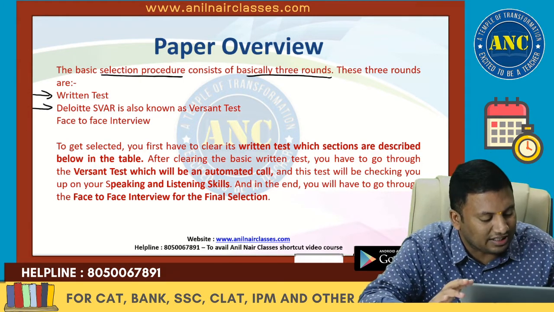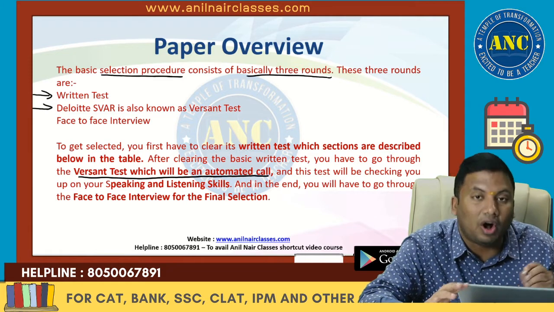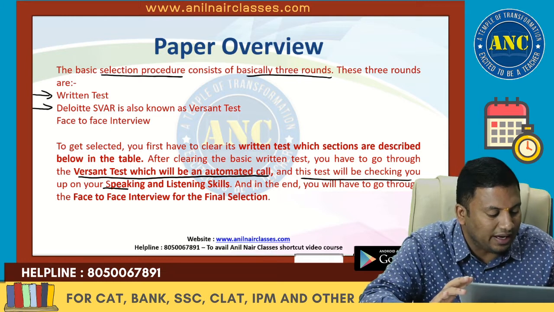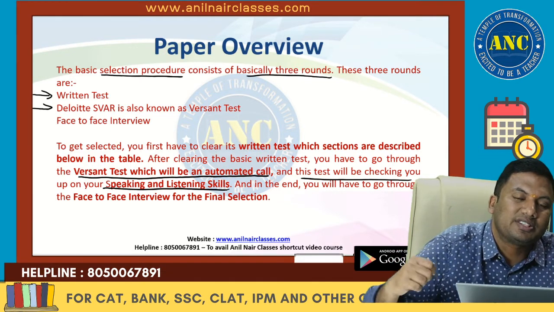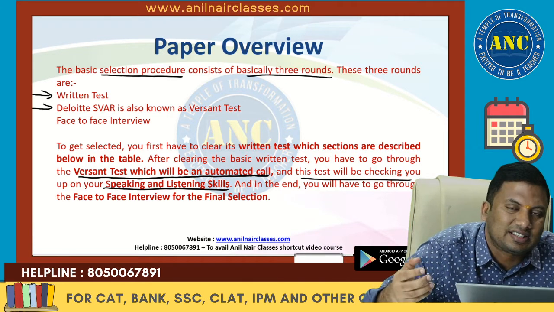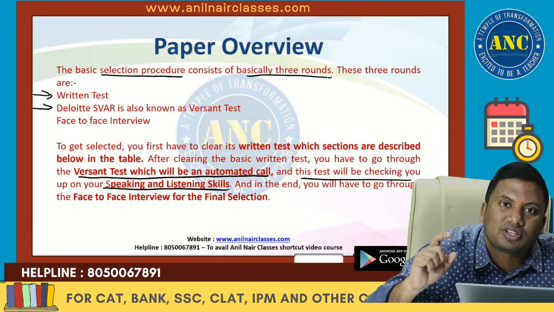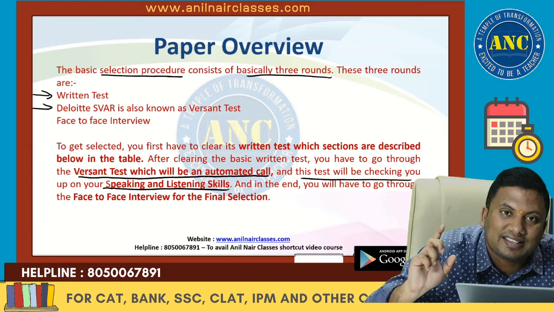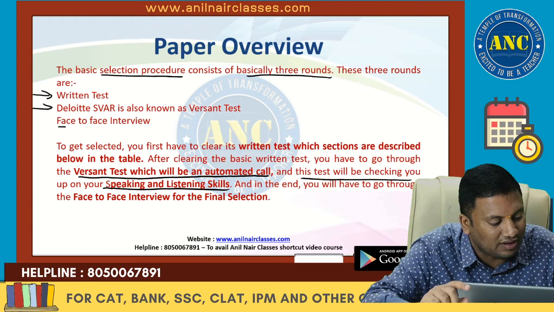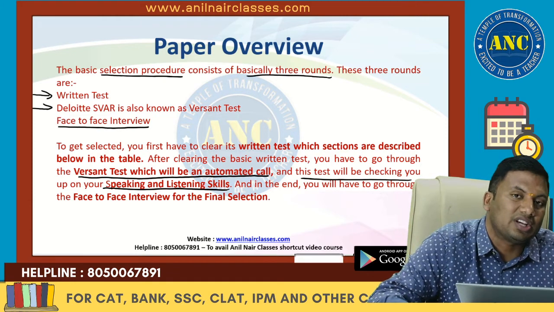In this Versant test, there will be an automated call from the company, where they will check your speaking and listening skills. We have seen some companies check your written skills. Deloitte is one company which will also check your speaking and listening skills. That is round 2, and round 3 will be the face-to-face HR interview.